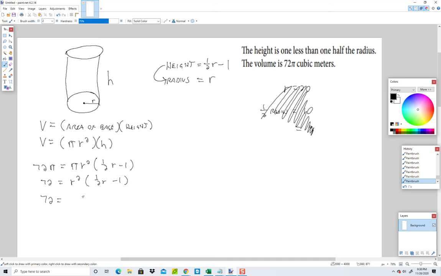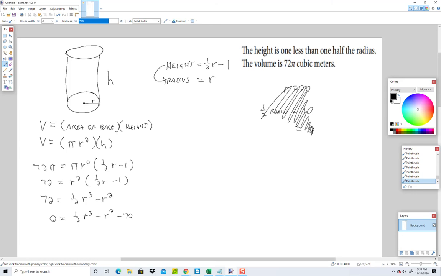Multiply the r squared through, and I get 1/2 r to the third, and r squared times -1 is -r squared. Now I'm going to take 72 over to the right side, so I have 1/2 r to the third minus r squared minus 72.